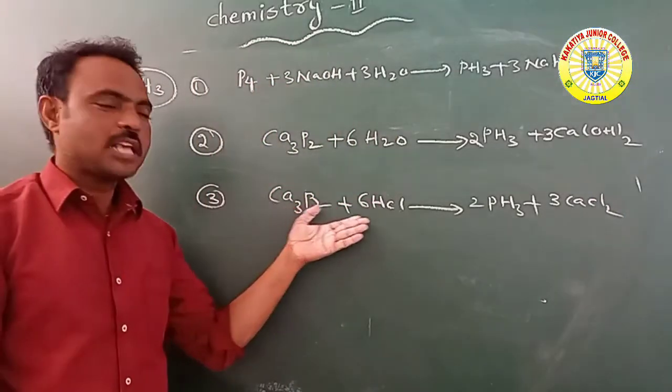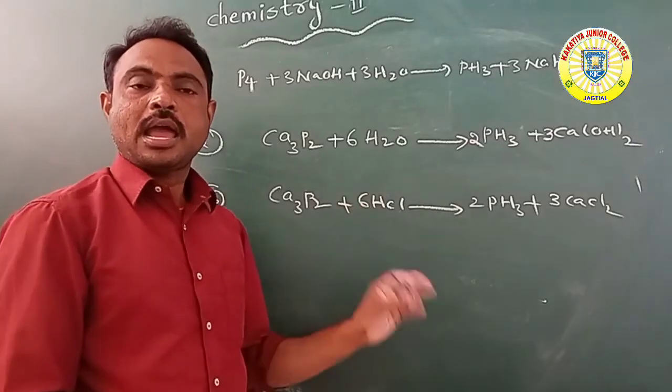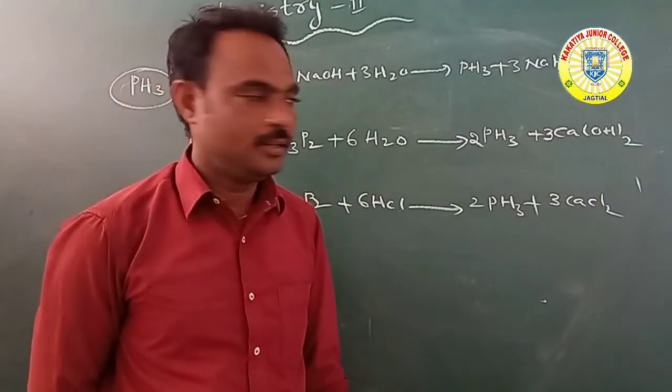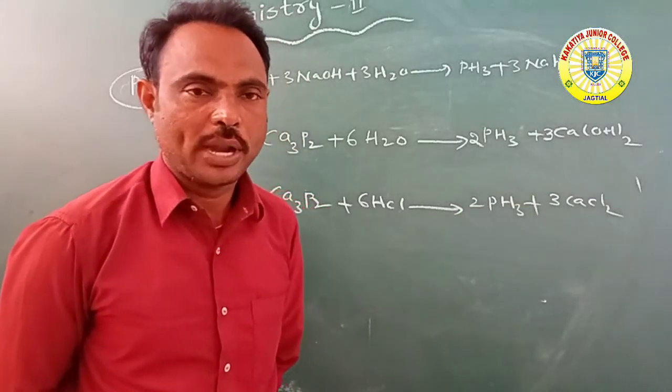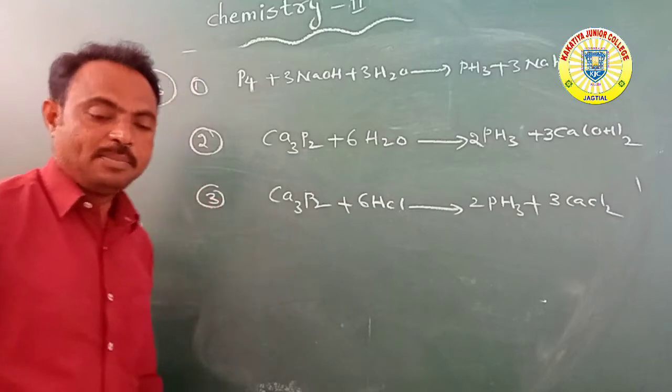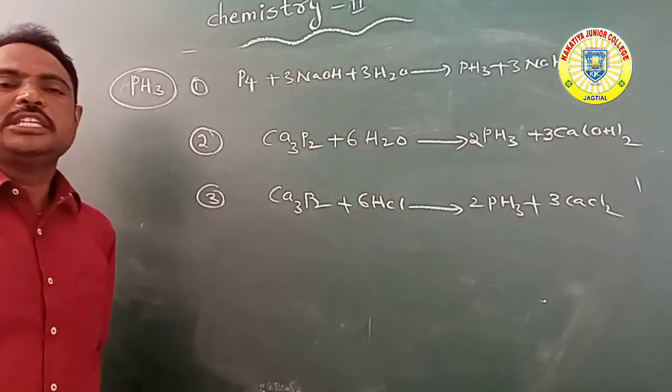So calcium phosphide reacts with HCl, hydrochloric acid, to form phosphine and calcium chloride.